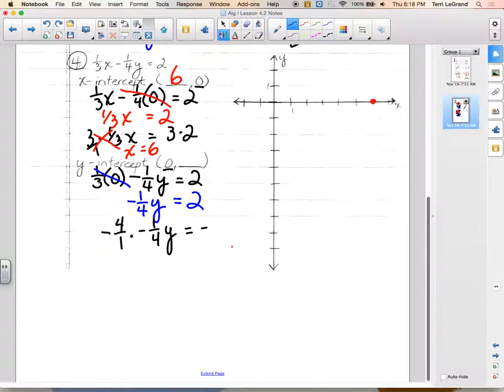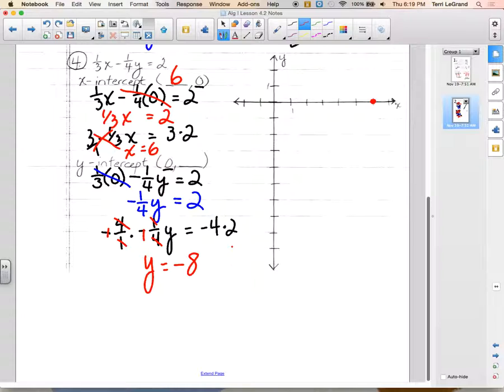On the other side, we can just treat it as negative 4 times 2. So again, a negative times a negative is a positive. Those cancel, these cancel. We have just y now by itself. And negative 4 times 2. Negative times a positive is a negative. 4 times 2, 8.